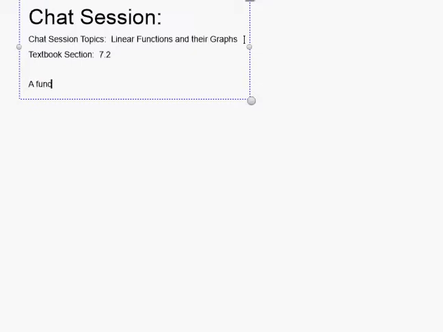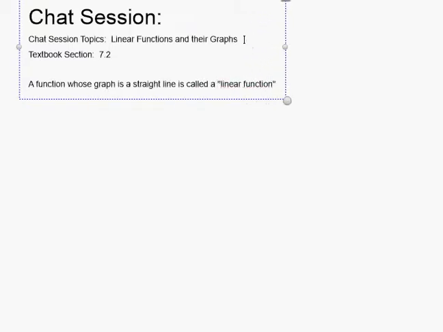A function whose graph is a straight line is called a linear function.